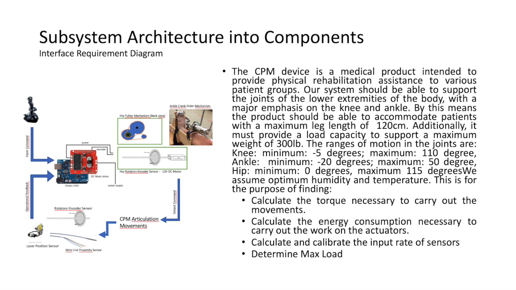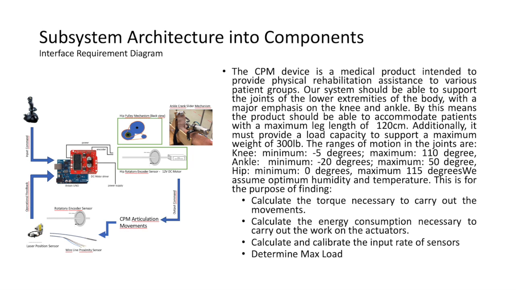For this statement, we have the objective of calculating the torque necessary to carry out a movement, calculating the energy consumption necessary to carry out the work of the actuators, calculating and calibrating the input rate of the sensors, and determining the max load.